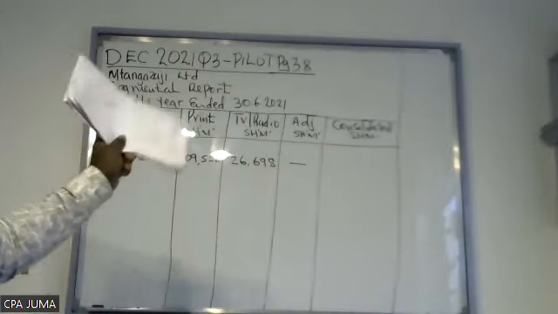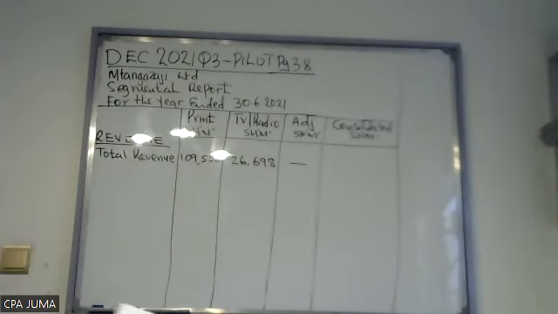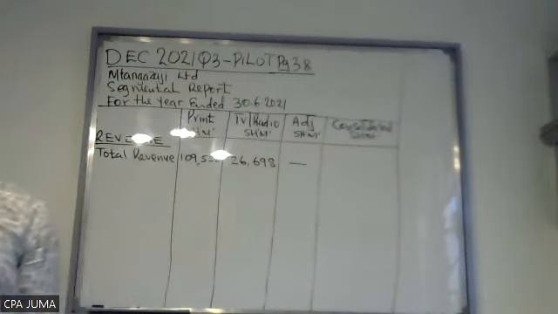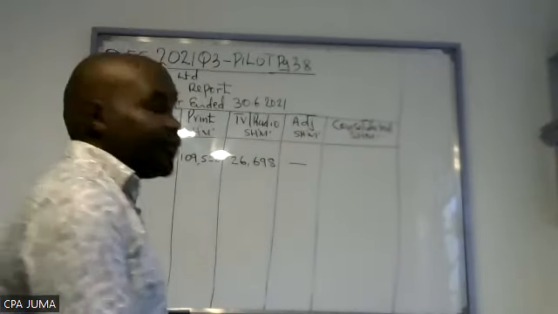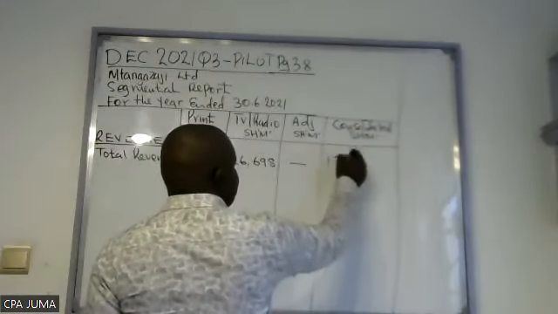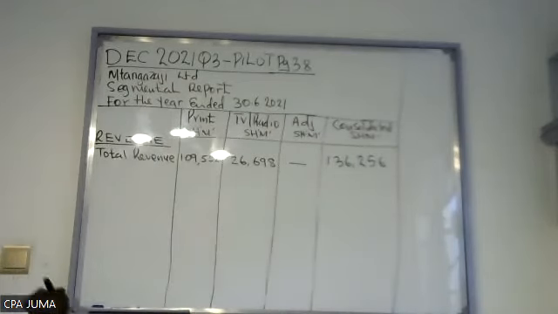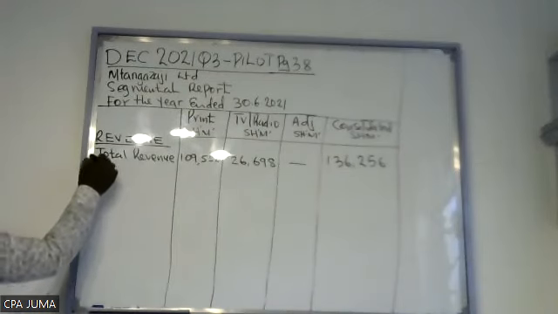So you take that plus that, then we get the consolidated. When you add the two, what do you get? 136,256. Thank you.